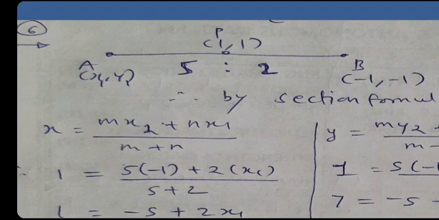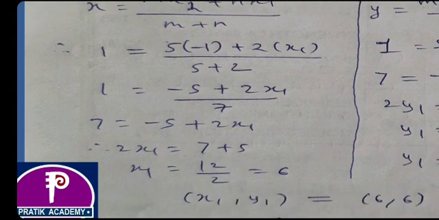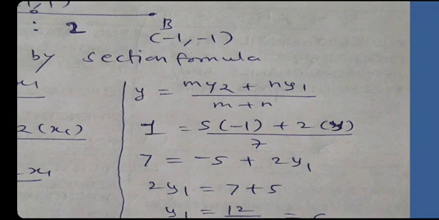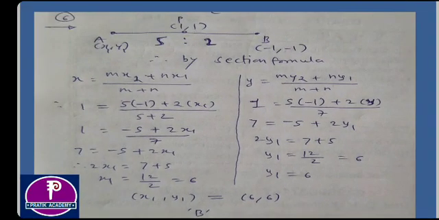Then by using the section formula, x is equal to (mx2 plus nx1) upon (m plus n). Put the values here, we get x1 equals 6. Same, y is equal to (my2 plus ny1) upon (m plus n). Put the values, we get y1 is equal to 6. So x1, y1, that is the coordinates of A, are (6, 6).